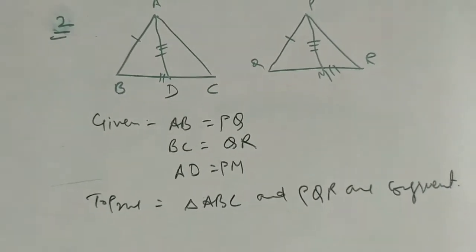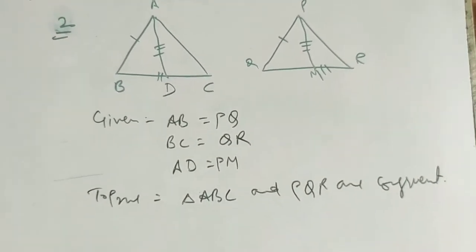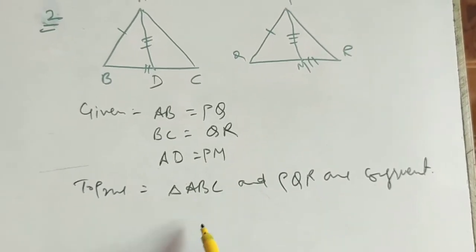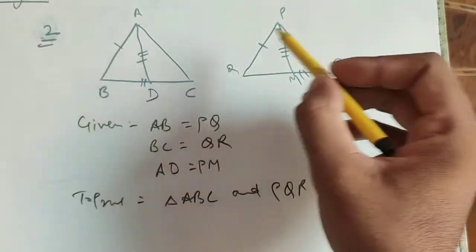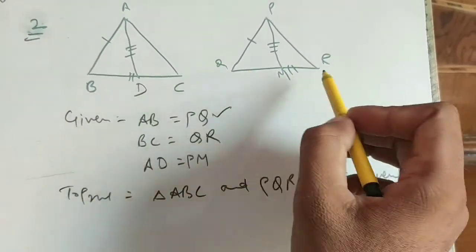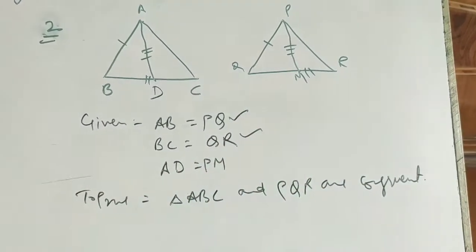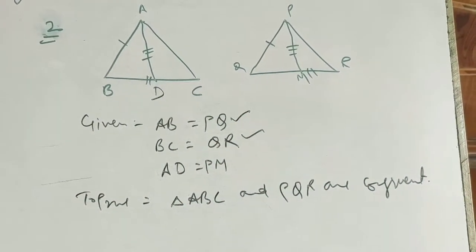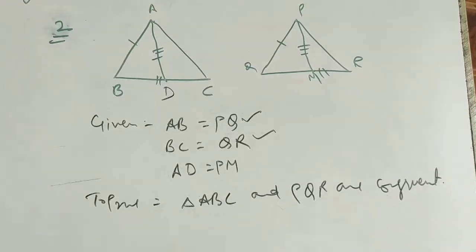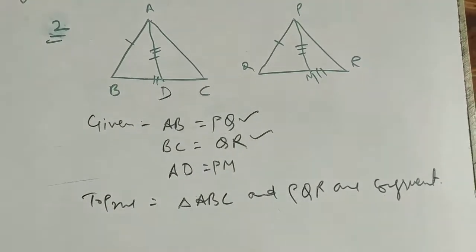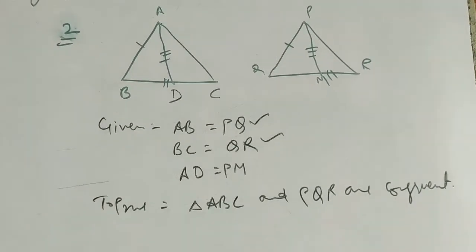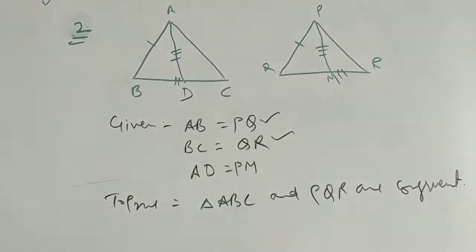Okay, so now we can clearly see that we have two things in these two triangles, AB and PQ equal, given, BC QR equal, it is also given. Now AD and PM are equal, but if we want to prove that two triangles are congruent, we can only use the angles of that triangle or sides of that triangle.